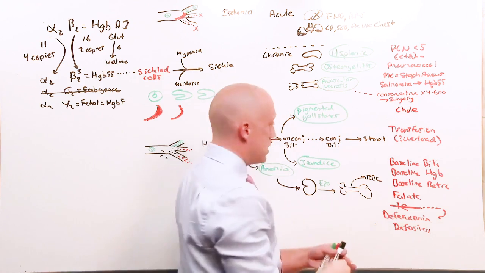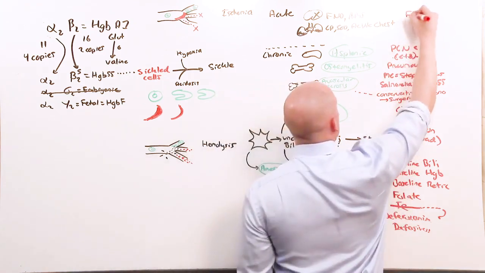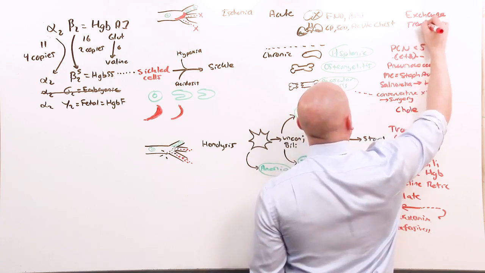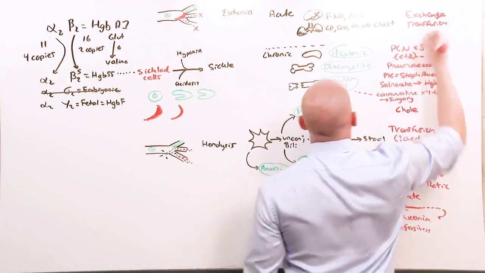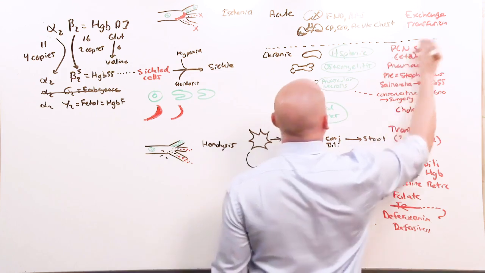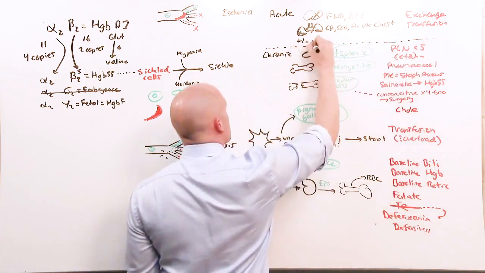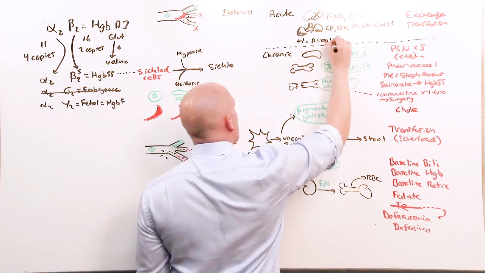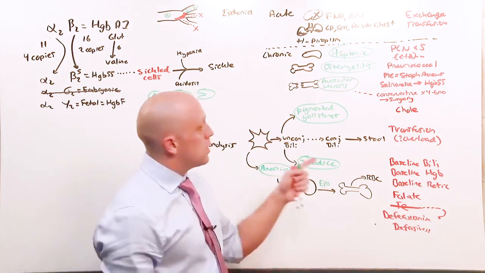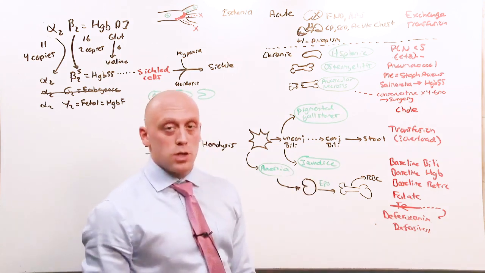These are both indications for exchange transfusion. You take out the bad blood, you put in new good blood. This is a medical emergency and needs to be done urgently through a central line. Priapism exists in here for guys, but you can try drainage of the penis first. You don't jump straight to exchange transfusion as you would acute chest or stroke.